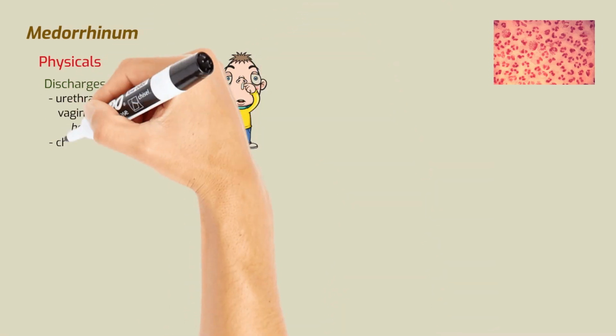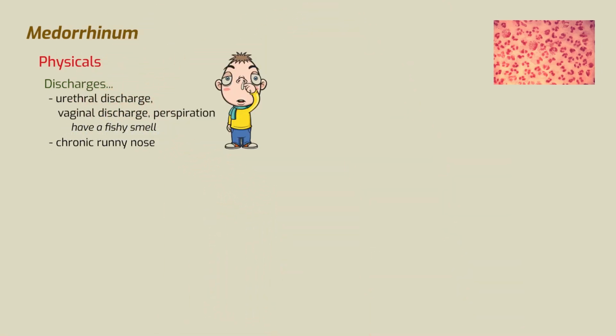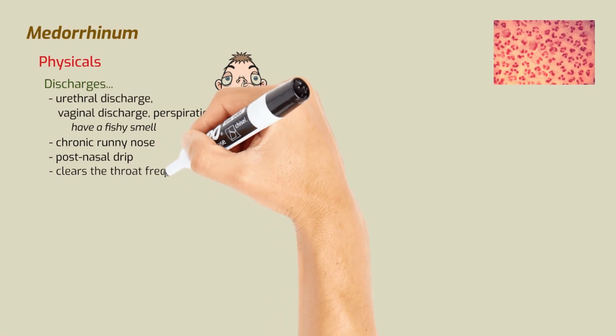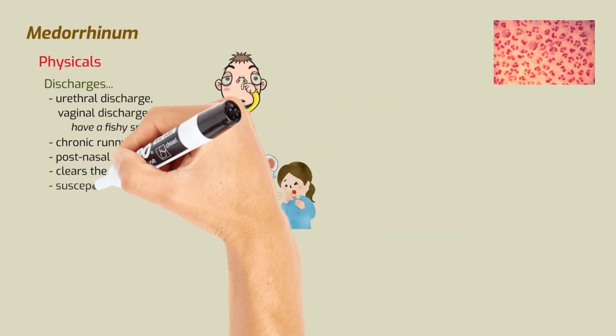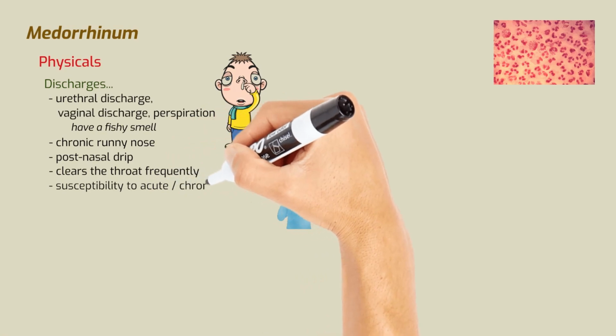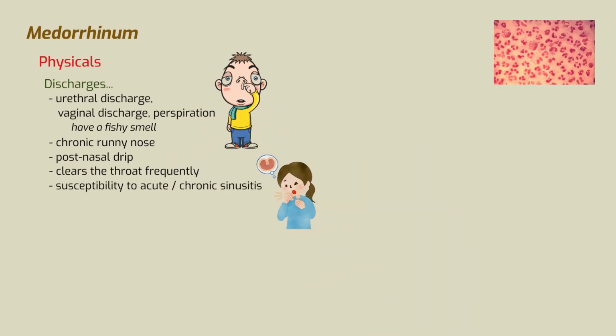Medorrhinum is also a remedy for chronic runny noses in children and postnasal drip in kids or adults. The accumulation of mucus creates a tendency to clear the throat frequently, and it may be associated with a susceptibility to developing either acute or chronic sinusitis.